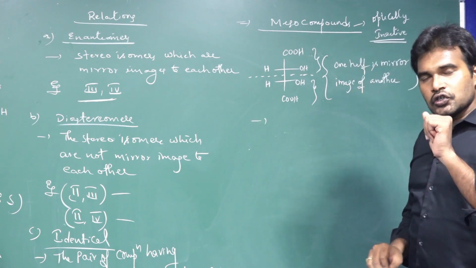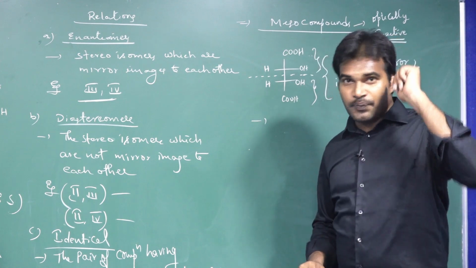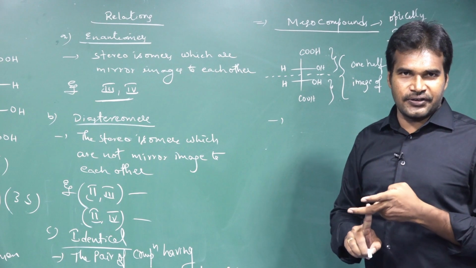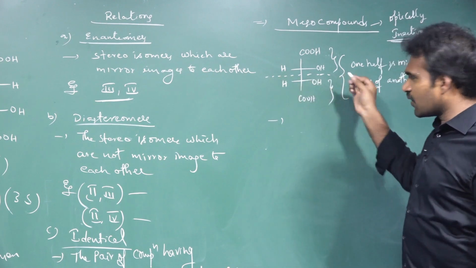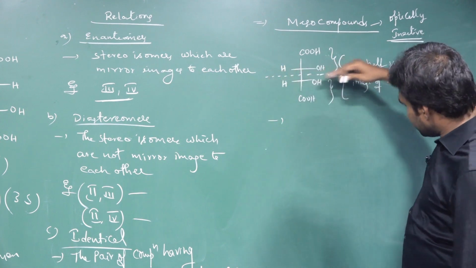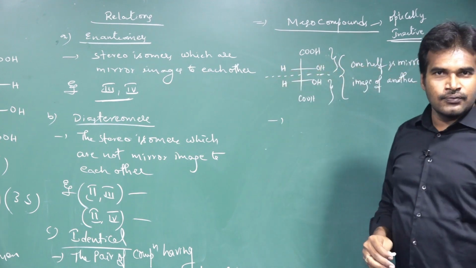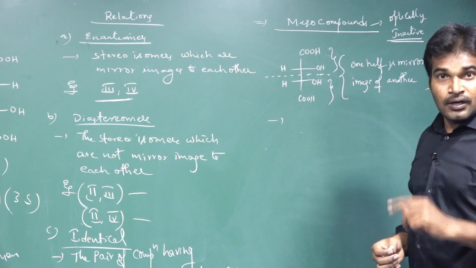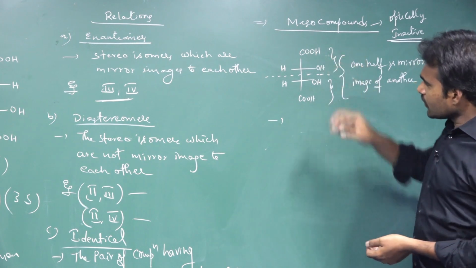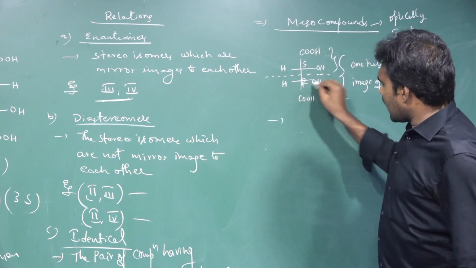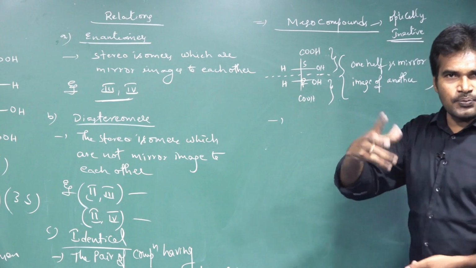Why are meso compounds optically inactive? I told you the first condition required to show optical activity: they should not have any kind of plane of symmetry or center of symmetry. But here this is a plane of symmetry, right? One half is a mirror image of the other half, meaning it has a clear plane of symmetry. If it has a plane of symmetry, definitely it is optically inactive. That is one reason. And one more reason: if you see the structure, this is S, sinister, and this is R, rectus.